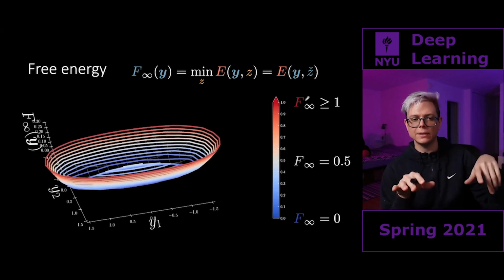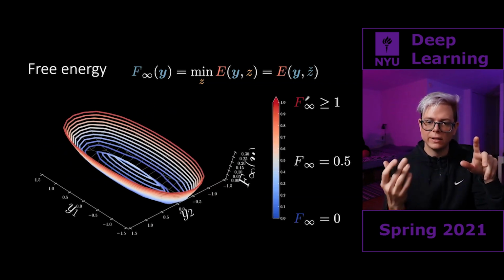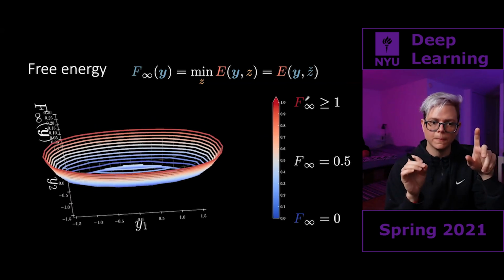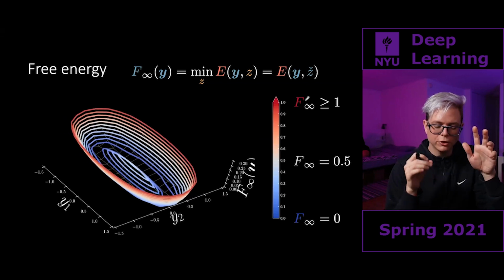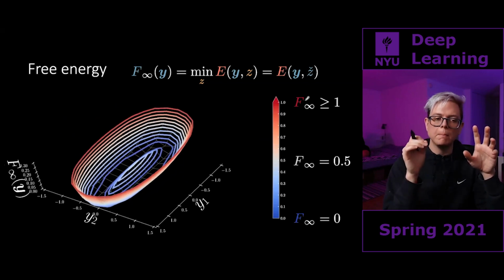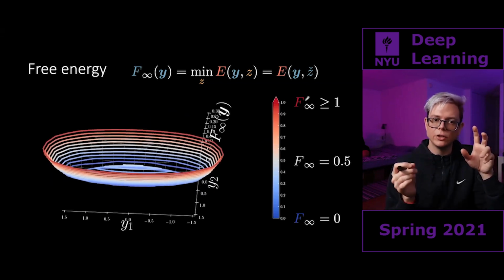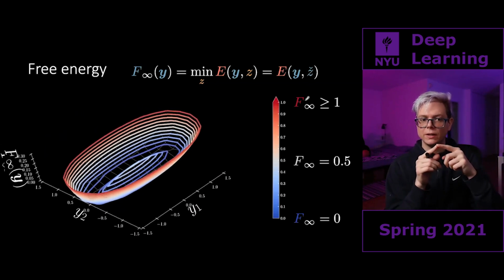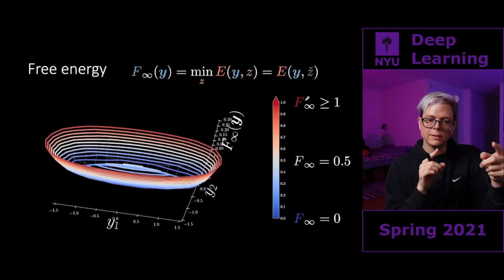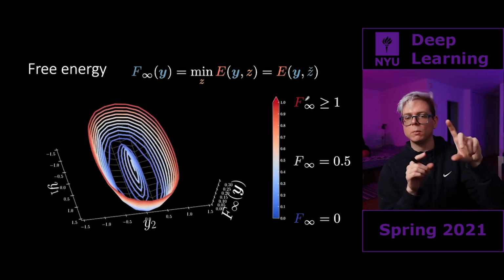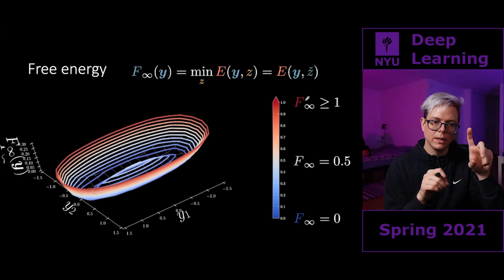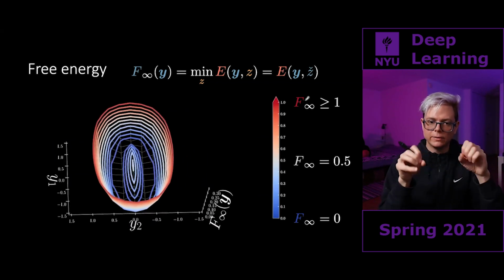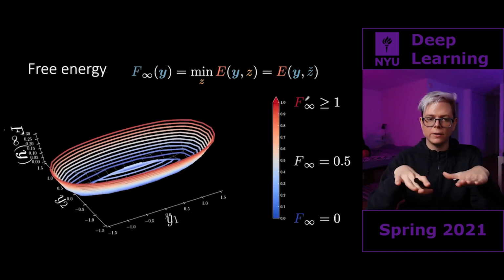So on the Y-axis, I show you the 0 temperature limit free energy. And again, this 0 temperature limit free energy means the minimum value of the energy, which in this case was the square Euclidean distance. So we just check which is the minimum square Euclidean distance, right? And as you can tell, points that are at 0 energy are on the plane here.